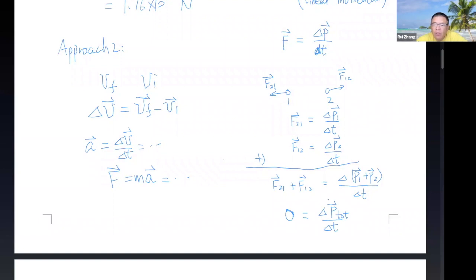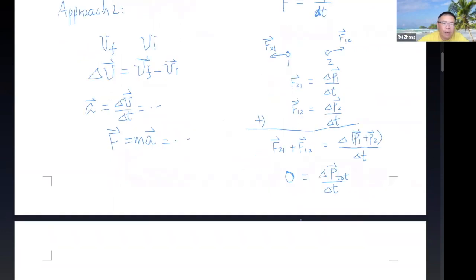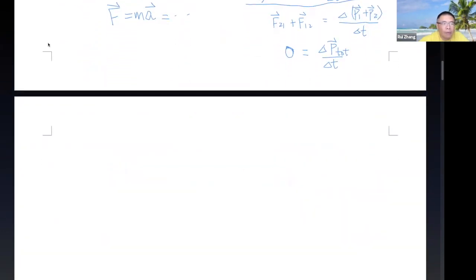So what this tells you is the change of momentum divided by change of time equals 0. So how could that be? Because there's always going to be some time there, right? When you have interactions, that can only tell you that the change in total momentum itself is 0. Or you can write this like P initial equals P final. That's called conservation of momentum. This is the conservation law we're looking for.